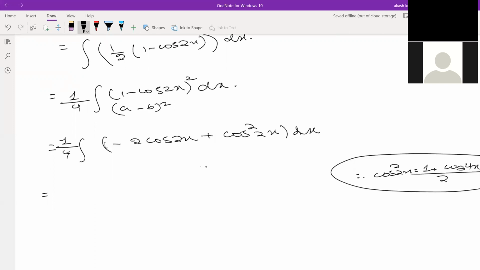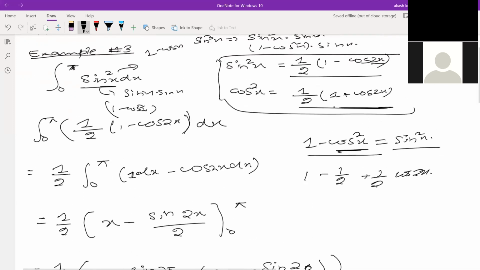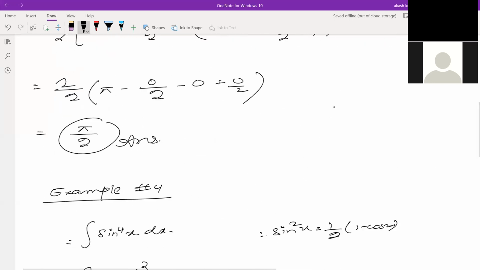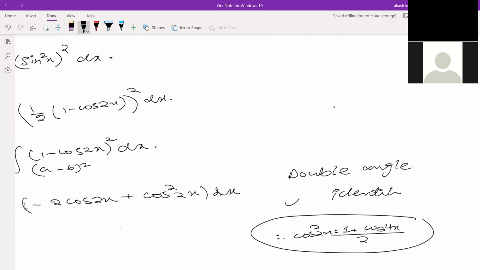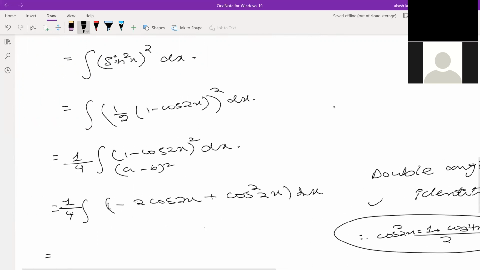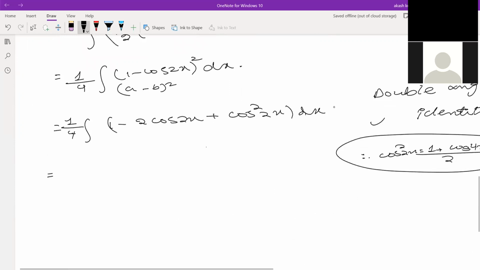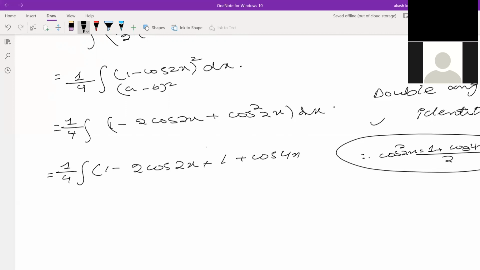These identities that we have used earlier are called double angle identities. So it becomes 1 over 4 times 1 minus 2 cos 2x plus, cos square 2x is 1 plus cos 4x over 2, dx.